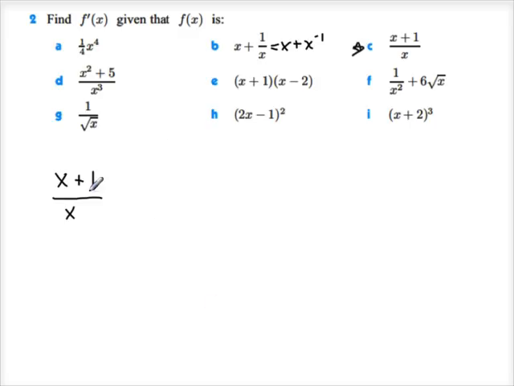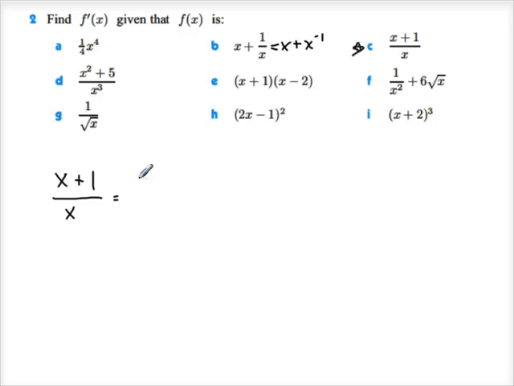So let's think about what we can do with a fraction like this. Well, if you think back to the days when you first learned about fractions, you learned that if you have multiple terms in your numerator and a single term in your denominator, you can just simply rewrite it to be multiple fractions.